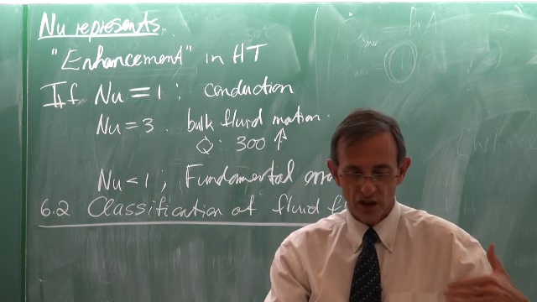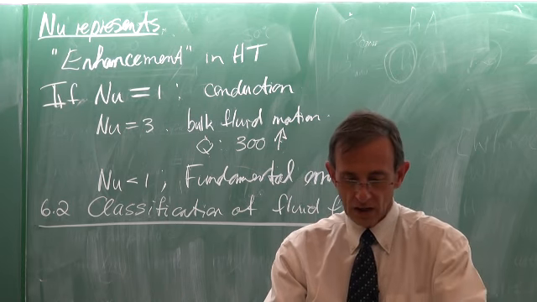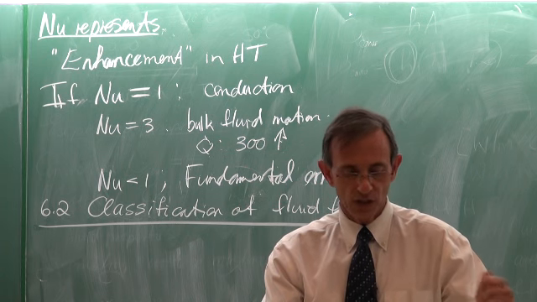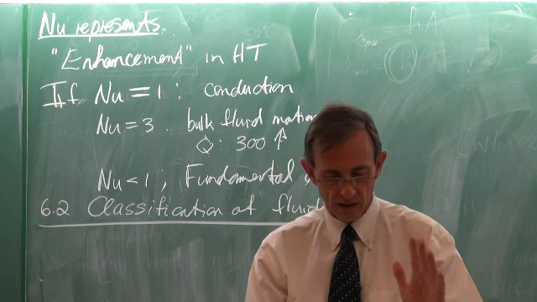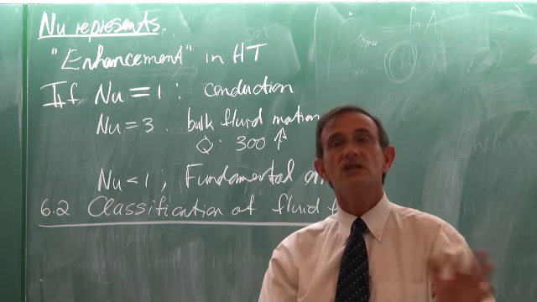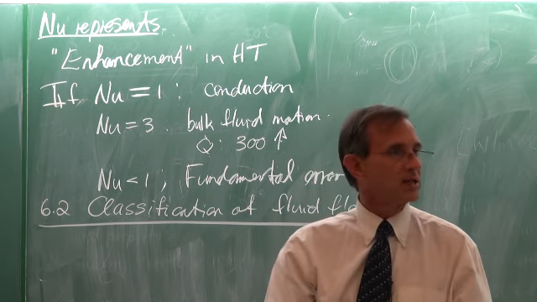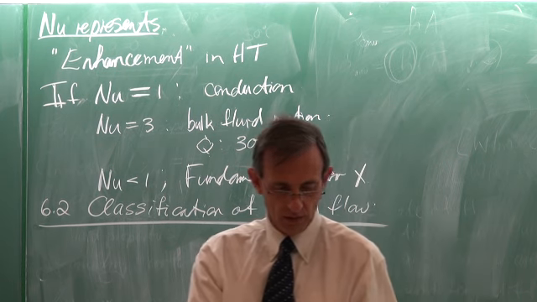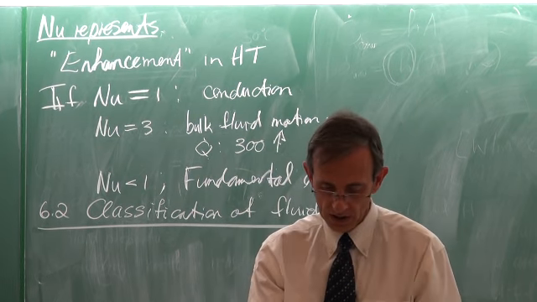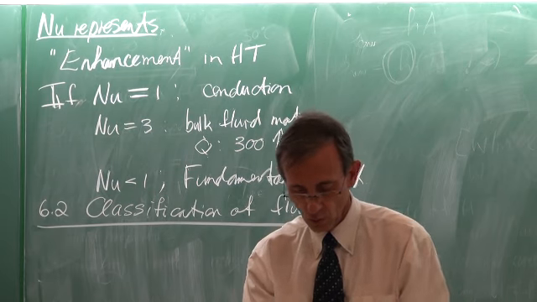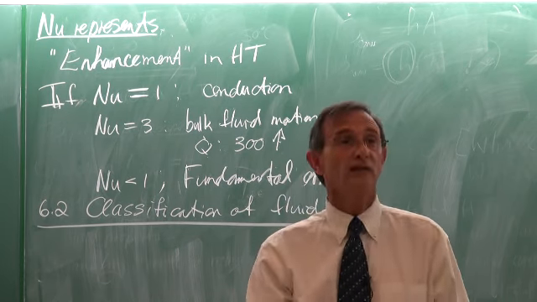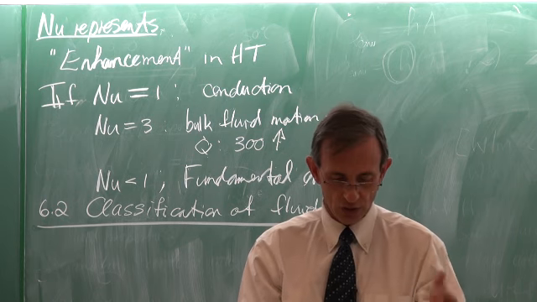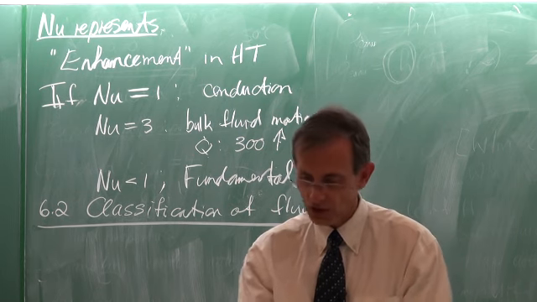So firstly, the classification of fluid flow is a very short summary of what we mean with viscous versus inviscid flow, internal versus external, compressible versus incompressible, laminar versus turbulent, natural or forced flow, and steady versus unsteady flow, and then one-dimensional, two-dimensional, and three-dimensional flow.